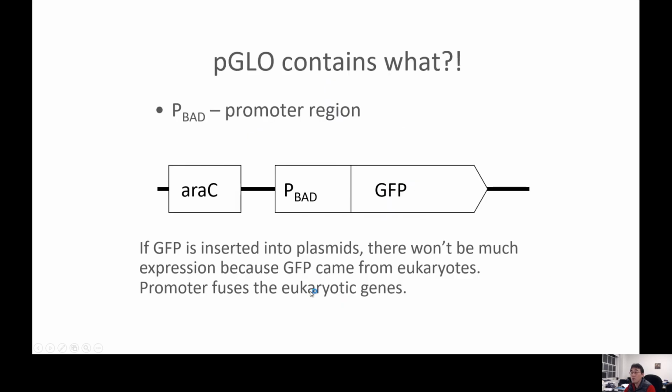We're going to talk about that in a minute. So again, one of the important parts is the PBAD region. That's the promoter region, which was attached right before the GFP region, because the GFP was derived from, or isolated originally.